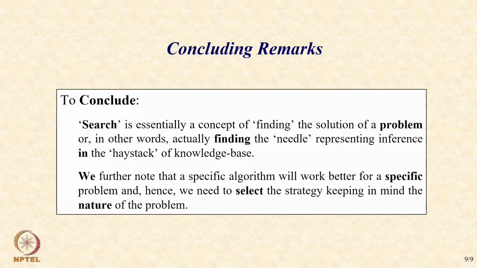Of course, we know that a specific algorithm will work better for a specific problem, and in order to do that, we need to select a strategy keeping in mind the nature of the problem. We will find that sometimes bringing in problem specific information will help manage search in a better manner, but in many cases in new scenarios, your blind or uninformed search might be the only option available.